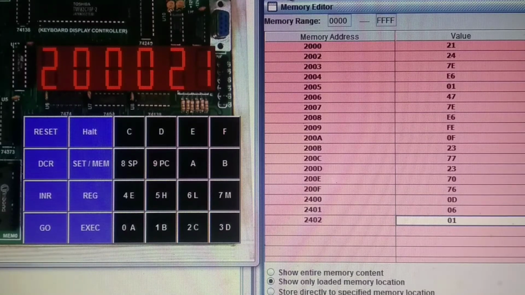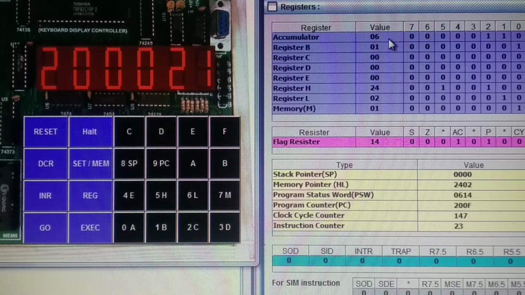Here you will get the contents of registers. Register A 06, register B 01, the remaining registers are not used. Here HL is 2402. The last value in the memory is 01.